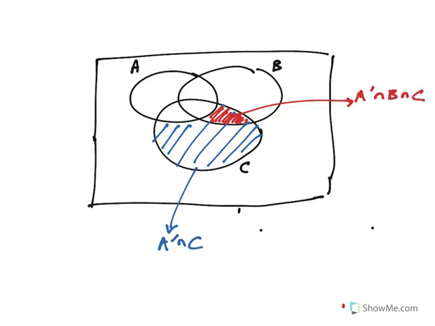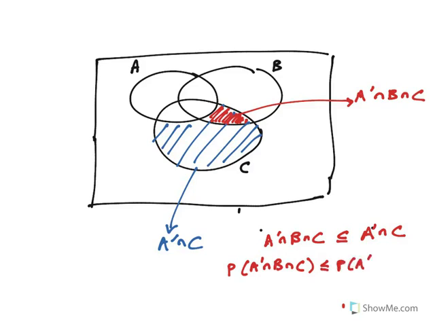One inequality you can see is that A prime intersect B intersect C lies inside, or is a subset of, A prime intersect C. Because it lies inside, the probability of A prime intersect B intersect C is going to be less than the probability of A prime intersect C, as it is a proper subset. And here, what's the probability of A prime intersect C?